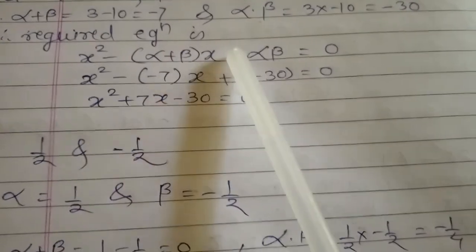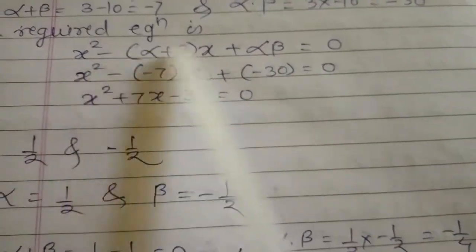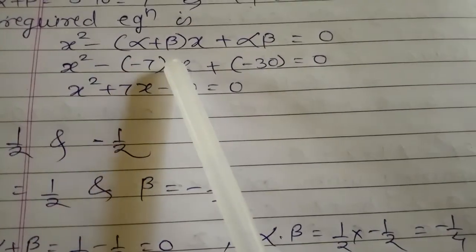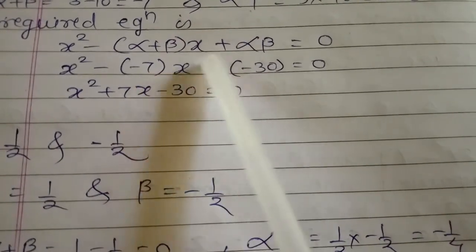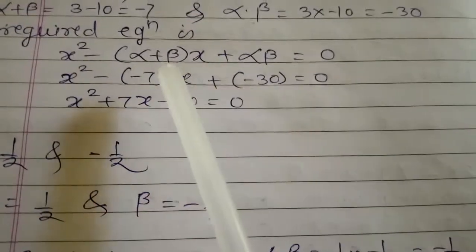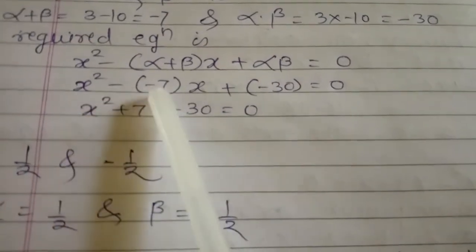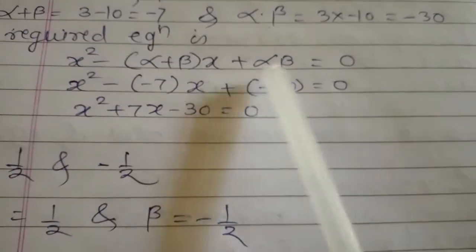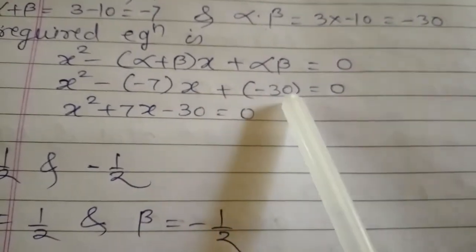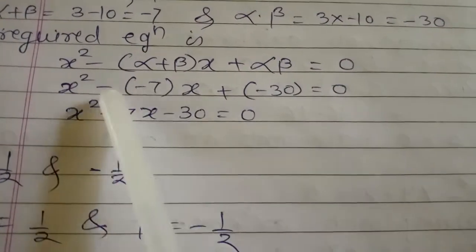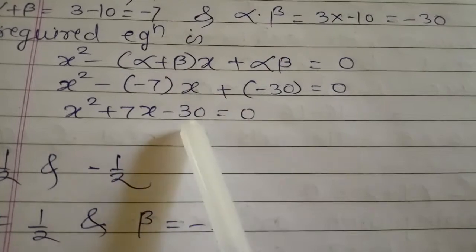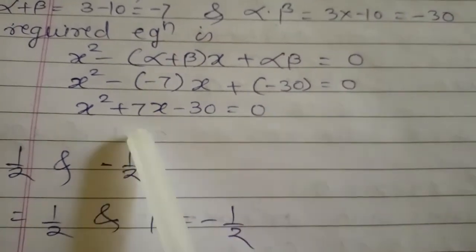So for the required equation, first we write down the formula: x square minus alpha plus beta into x plus alpha into beta. What is the value of alpha plus beta? It is minus 7. So minus of minus 7x plus the value of alpha into beta, which is minus 30. So we get x square plus 7x minus 30. So the required equation is this one.